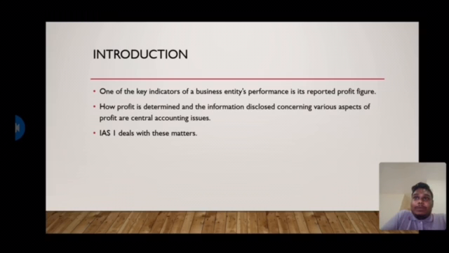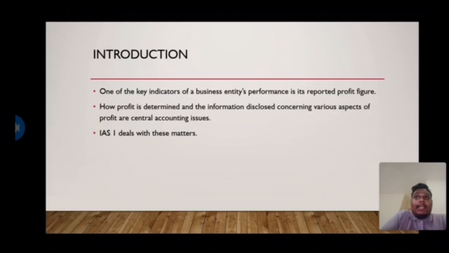IAS 1 deals with the more expansive notion of financial performance, which is comprehensive income, equal to profit or loss added together with other comprehensive income for the period. Part B discusses the composition of the statement of profit or loss and OCI, including what is required to be included in profit or loss and what is included in other comprehensive income.